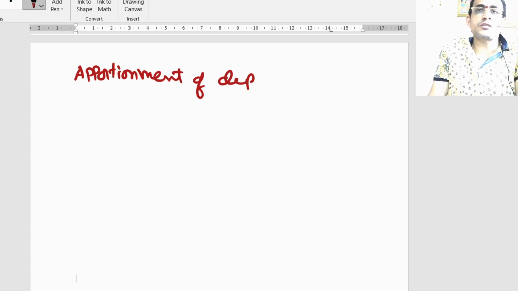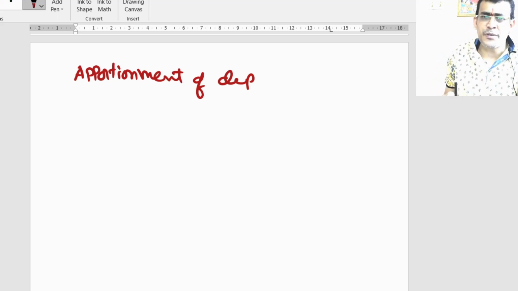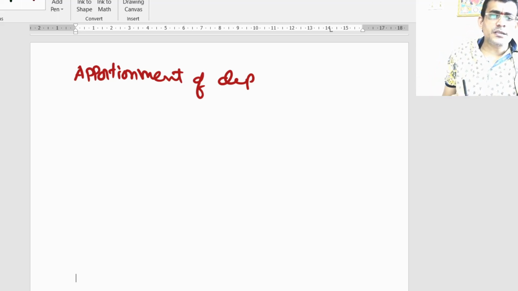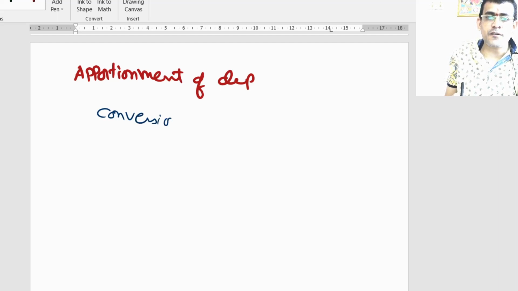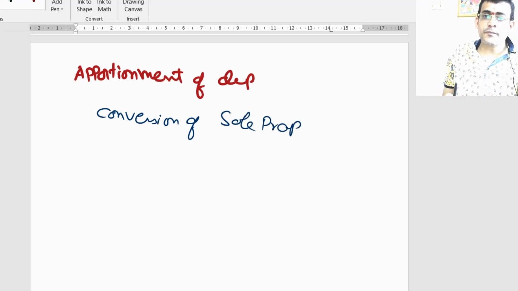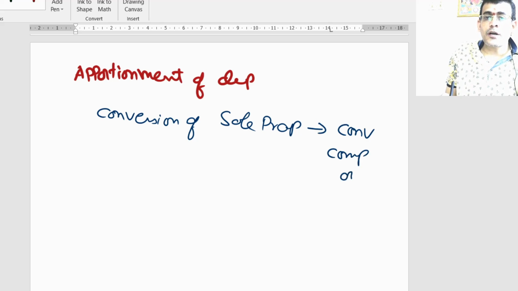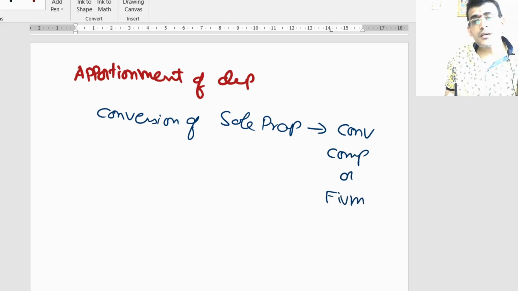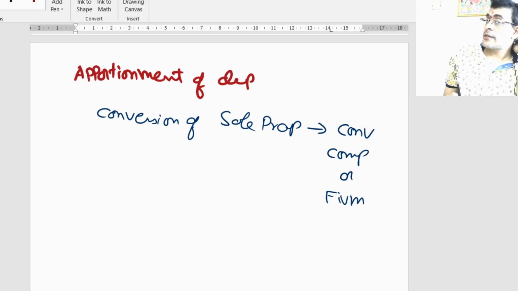So in the case of conversion of a sole proprietary business to a company, or to a firm, or a firm to a company, we need to adopt the process of apportionment of depreciation.